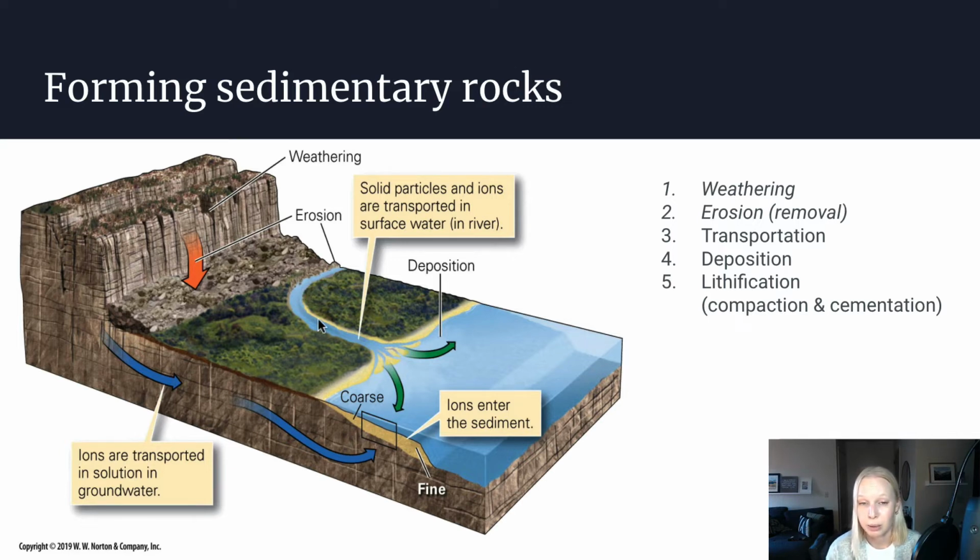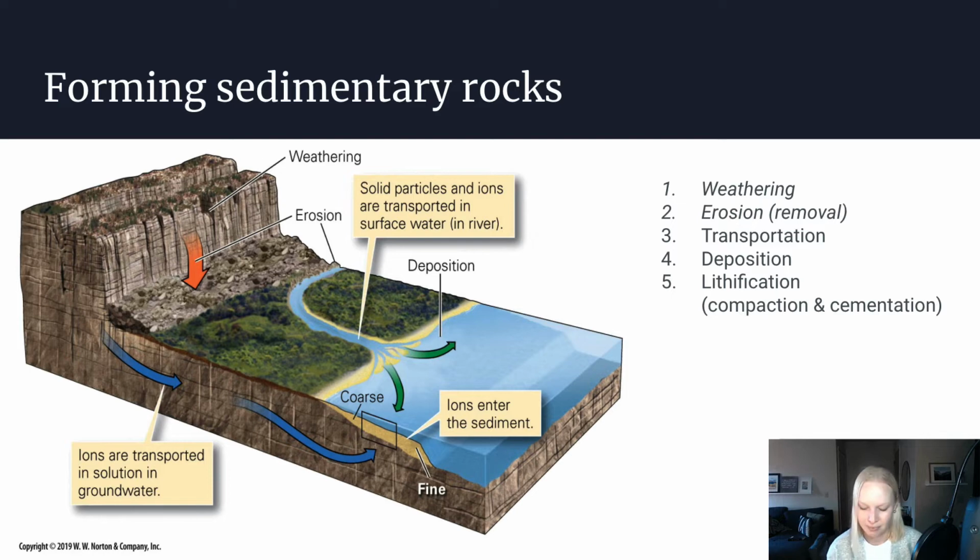The river is probably transporting solid particles as well as ions that are being dissolved in the water, and those are being deposited all along the way and also at the beach and into the ocean. Or maybe this is a lake. Hard to tell.